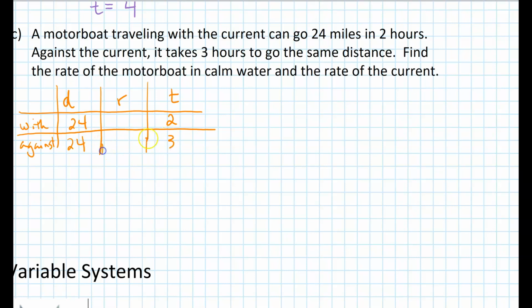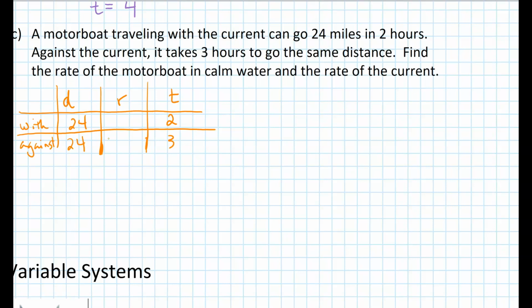Now, we said there are 2 rates that we're looking for. So let's think about this. How many of you tubed down a river? If you're floating, how fast can you go? Just the current. Can't we do r equals d over t?